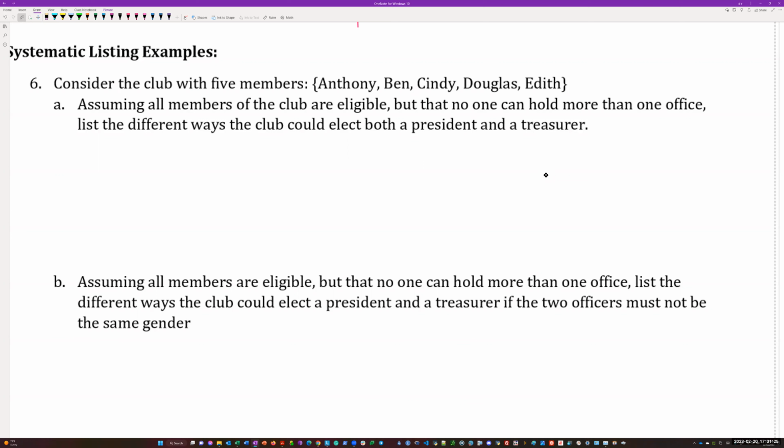You understand my question? So we're gonna pick a president and a treasurer, right? There's 5 people there. I want to know how many ways could there be a president and a treasurer.